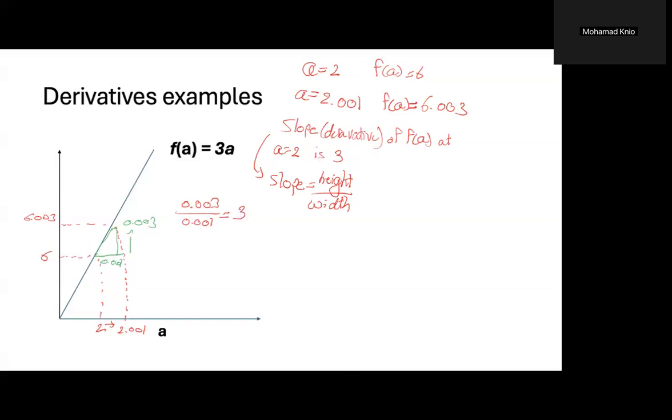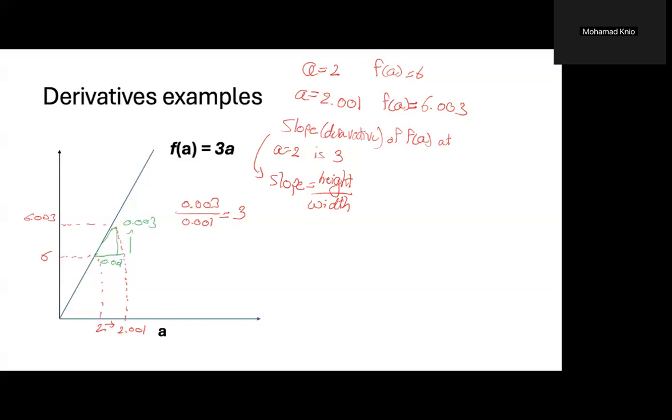The fact that the slope or the derivative is equal to 3 just represents the fact that when you nudge a a little bit to the right by any amount, then f of a goes up by 3 times the amount that you nudge it by. It doesn't matter which 2 points you take, the difference between them will always be 3 times.